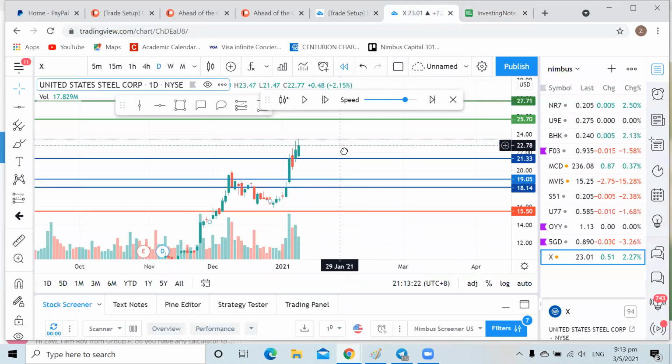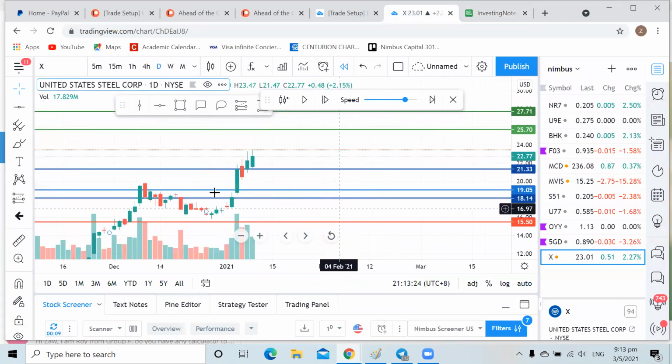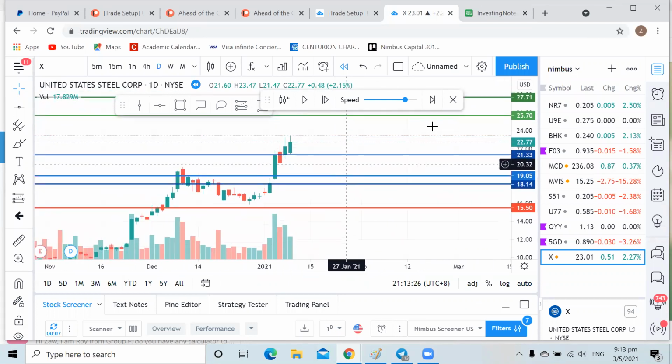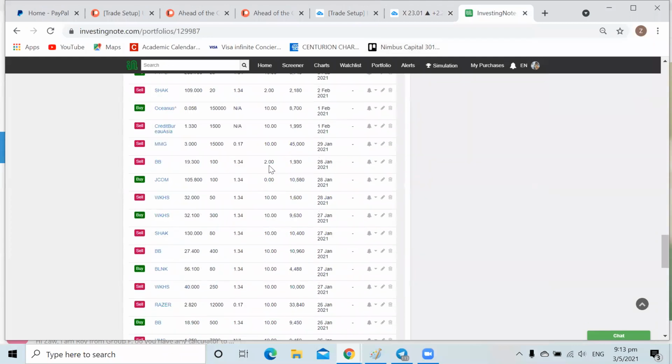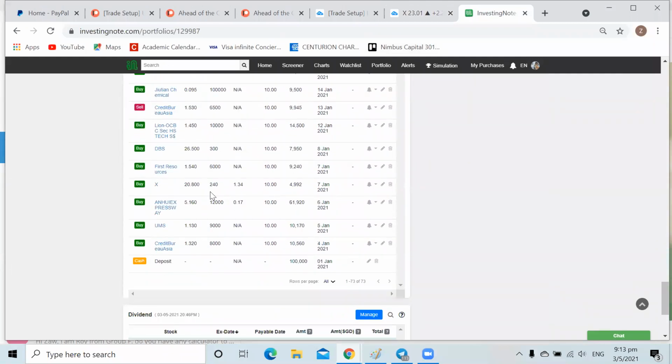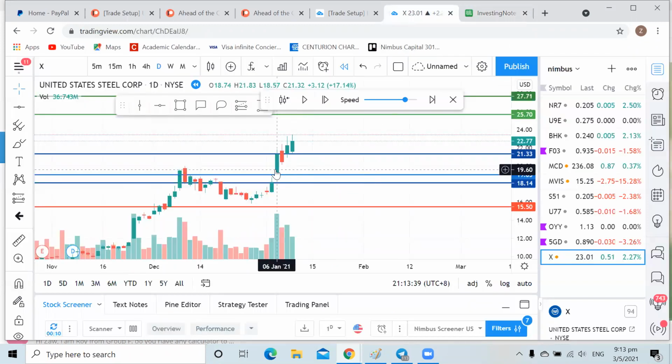Okay, so the initial entry that I took, wait, let me go and find what my initial entry was. The initial entry that I took was at 20.8 on the 7 or 8 Jan, somewhere here, 20.8. Okay, somewhere lower.